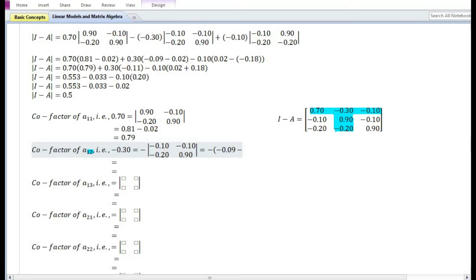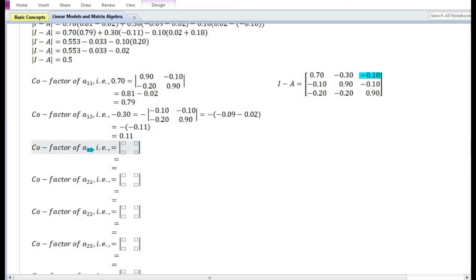Minus times minus equals plus. 0.20 times 0.10 equals 0.02. Minus 0.09 minus 0.02 equals minus 0.11. Minus times minus equals plus, so we have 0.11.